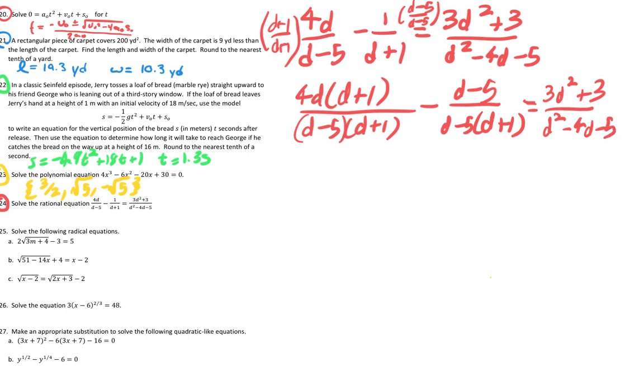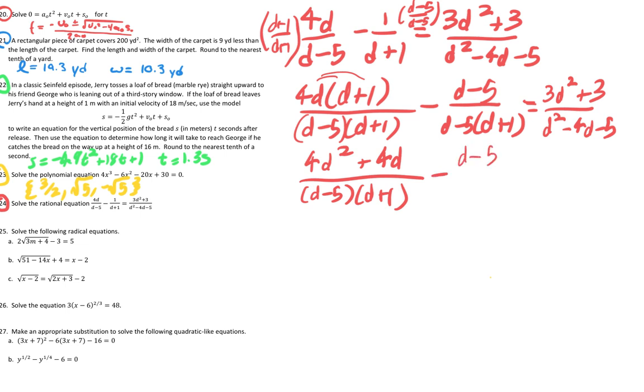First thing we're going to do is distribute that 4d. So we're going to have 4d squared plus 4d all over d minus 5 times d plus 1 minus d minus 5 over d minus 5 times d plus 1.